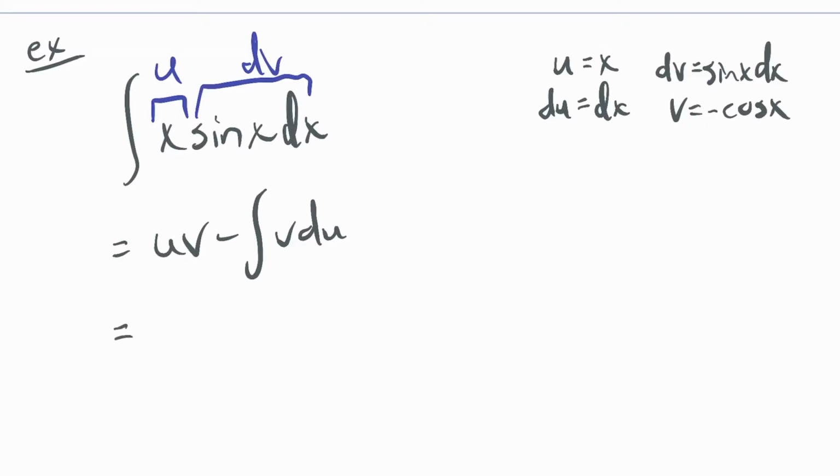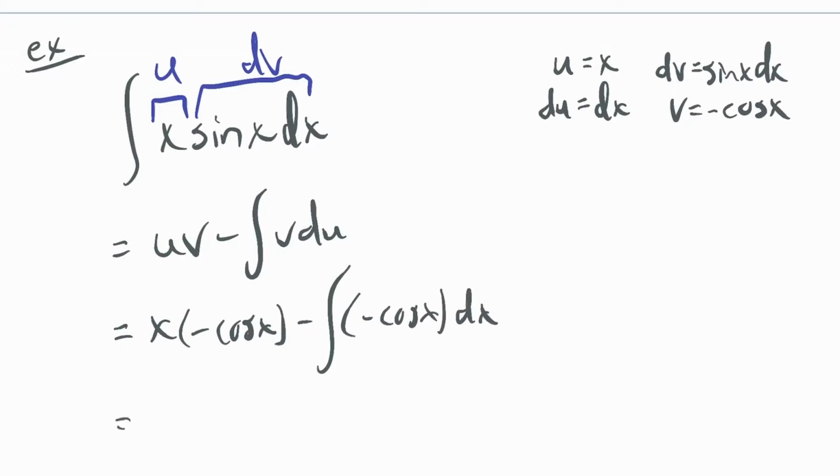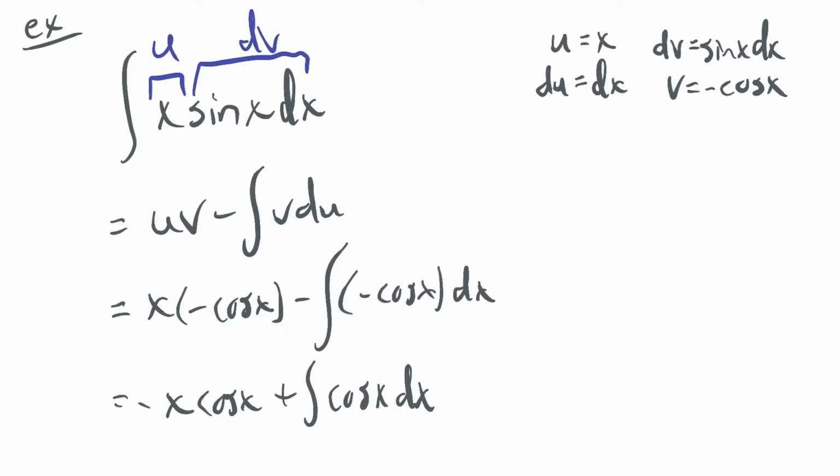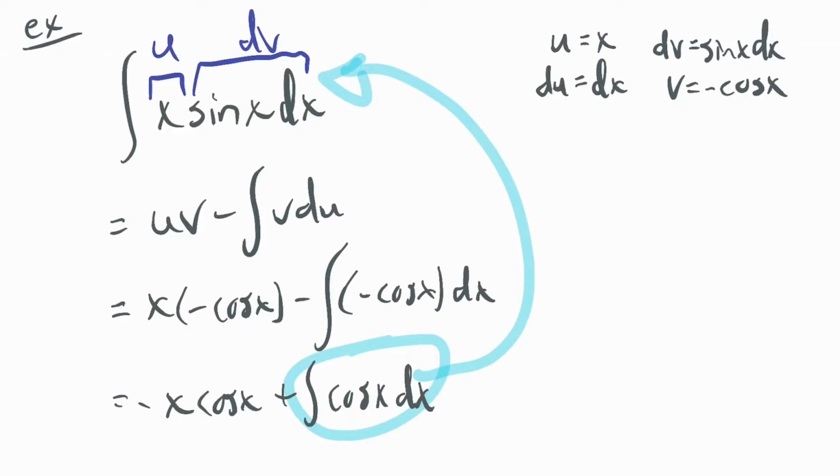So u, well, that's x. V, that's negative cosine x, minus the integral of v, which is negative cosine x, du, which is dx. So this equals negative x cosine x plus the integral of cosine x dx. And the point of integration by parts is that this integrand is a lot easier to deal with than the one we started with, right?